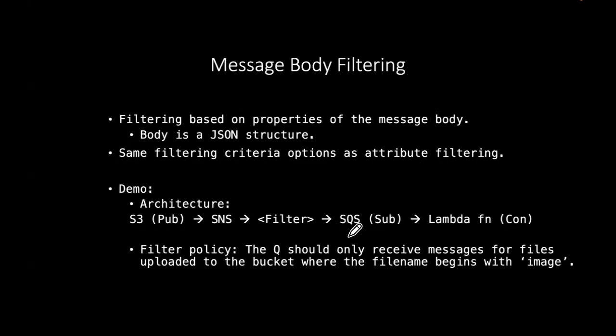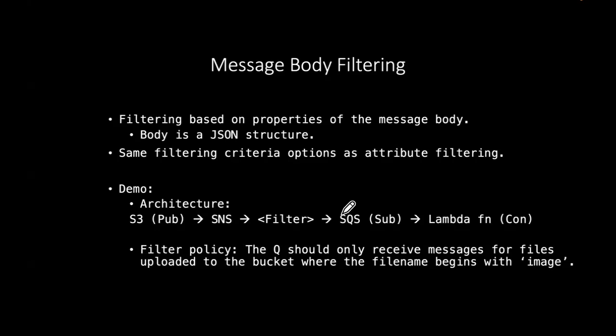It would be the exact same if we had a Lambda subscriber, we could have a filter there as well. So the way we encode the filtering doesn't really matter whether it's an SQS subscriber or a Lambda subscriber or any other type of subscriber, as it turns out.